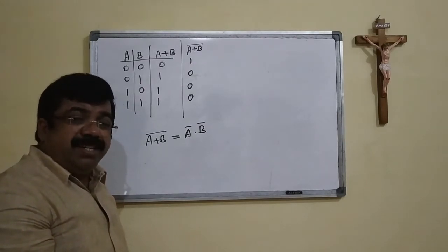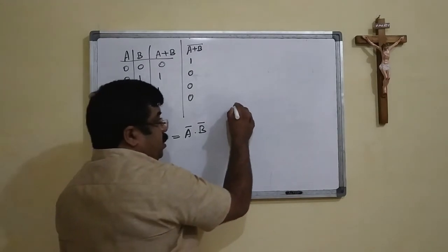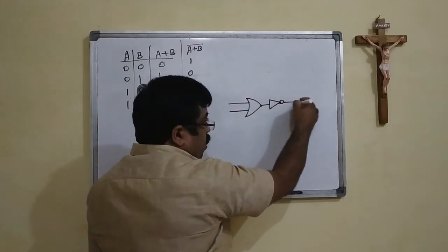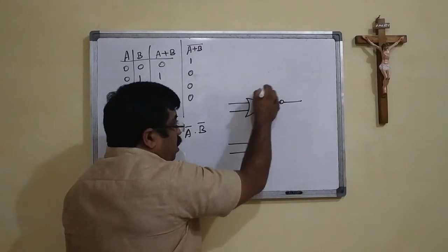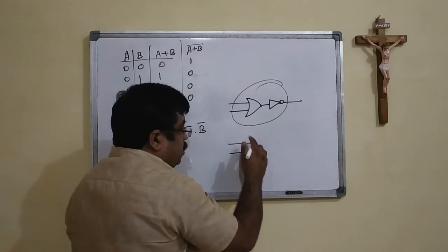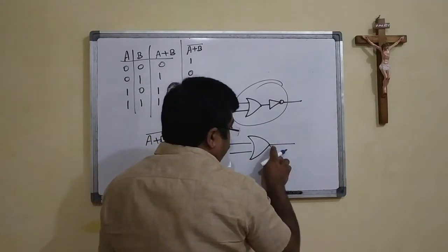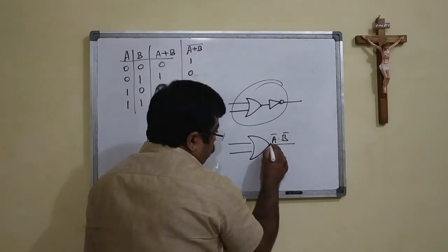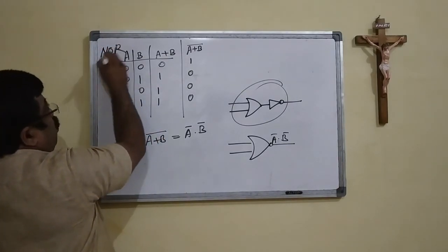Let us see the logic circuit. I said that to the end of the OR gate, a NOT gate is connected. That means we want this kind of a gate connected to this. In Boolean algebra we have the NOR gate as this.